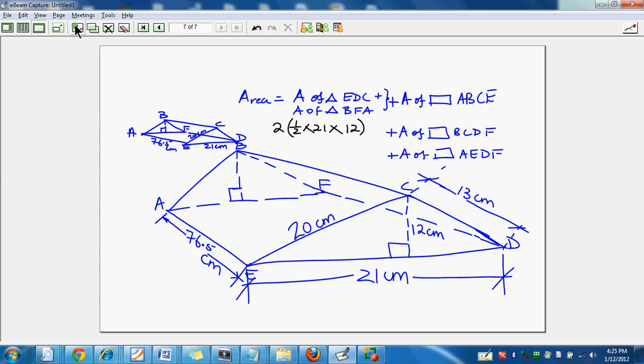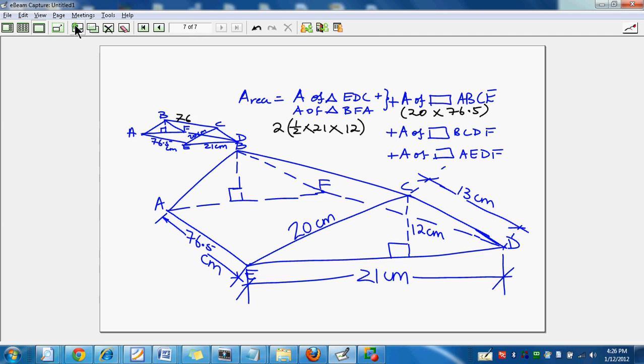The next thing is the area of ABCE. ABCE will be length by breadth. So you could use 76.5 multiplied by 20, or 20 by 76.5, doesn't matter. So we use that here. This one will be 20 by 76.5. Okay? Then the next one will be the area of BCDF. Again, if we observe here, this BC will be the same thing as AE.